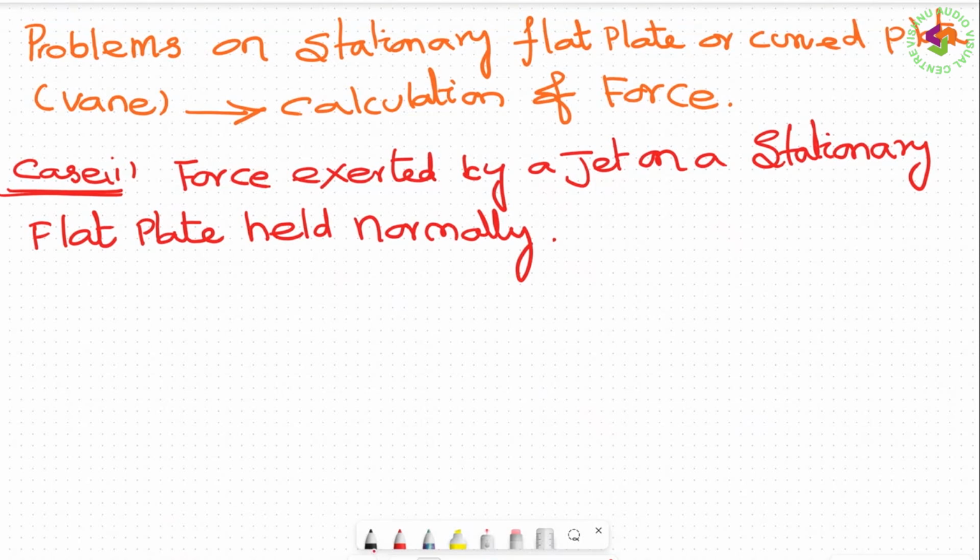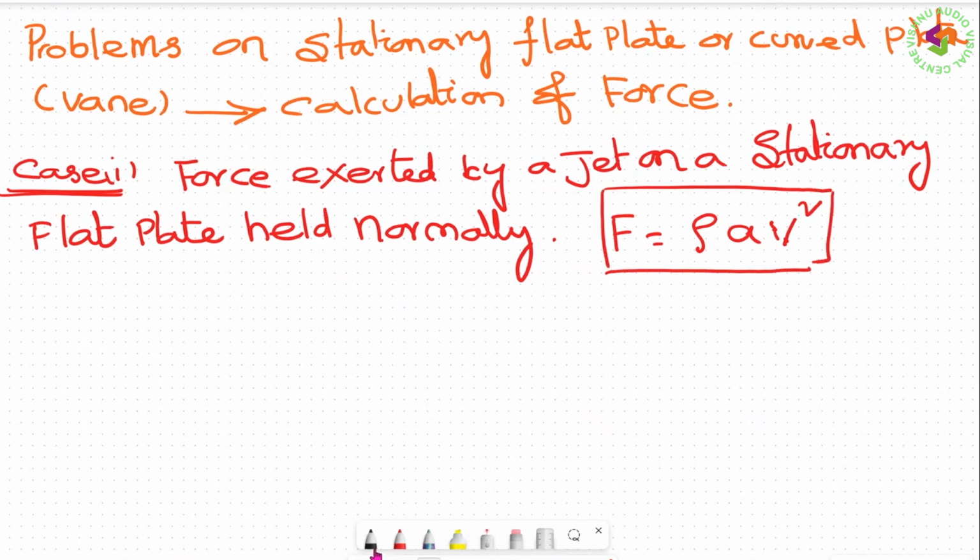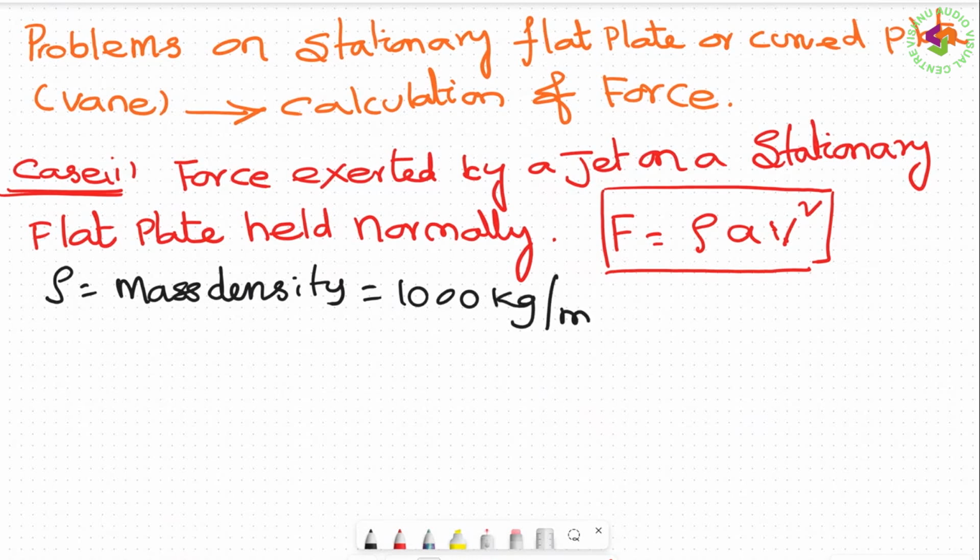For this we have already derived the equation F is equal to rho A V square, where rho is equal to mass density, which is equal to 1000 kg per meter cube for water.